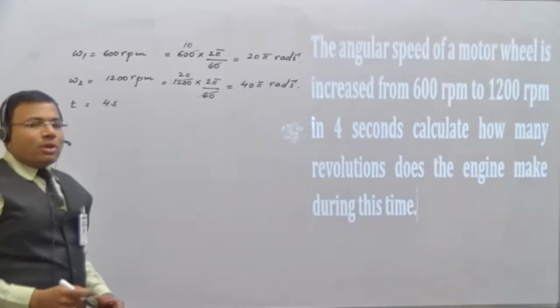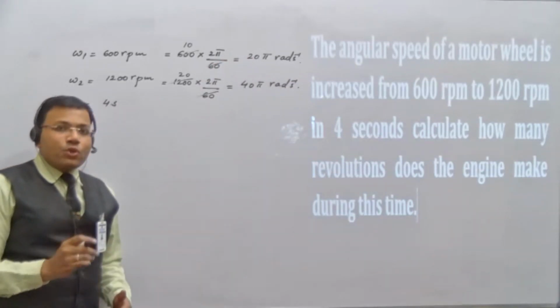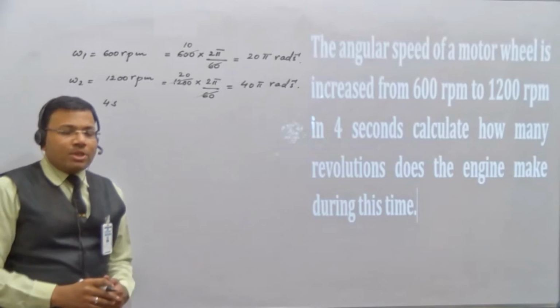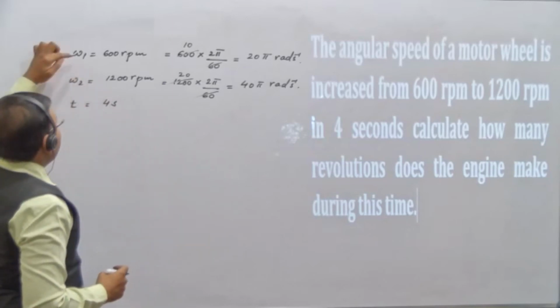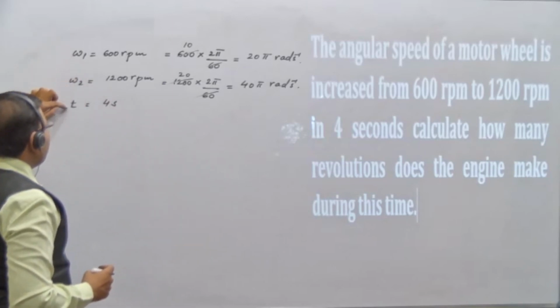So here, first of all, to calculate the number of revolutions, we should know the total angular displacement. Here you can see clearly omega 1 is given, omega 2 is given, t is given.